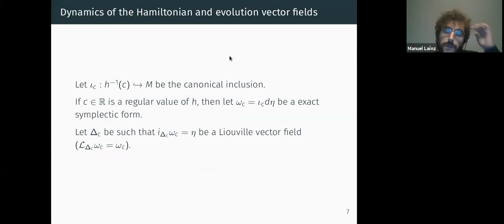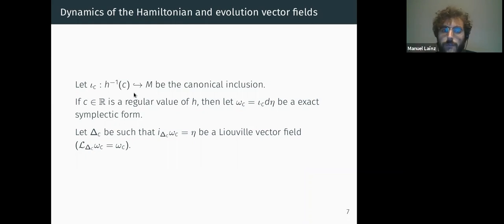Okay, now I will briefly comment on some way to understand the dynamics of these two vector fields. Okay, now iota sub c will be the canonical inclusion of the constant energy c level set. Okay, we will assume that c is a regular value, so this is a hypersurface.